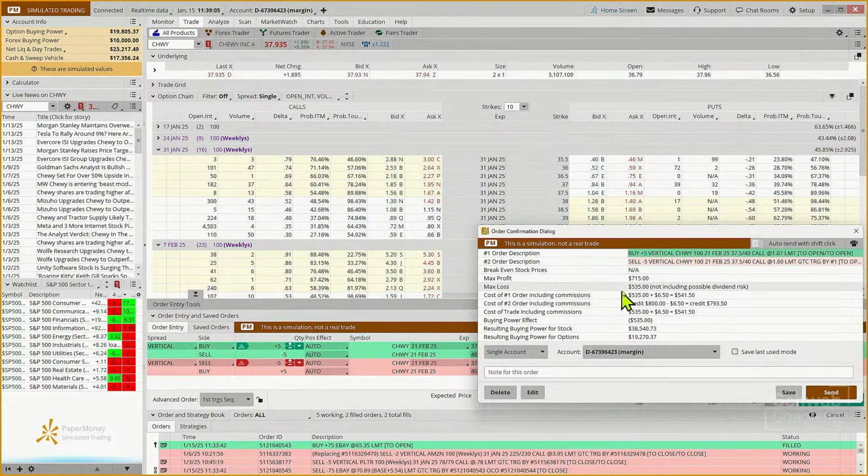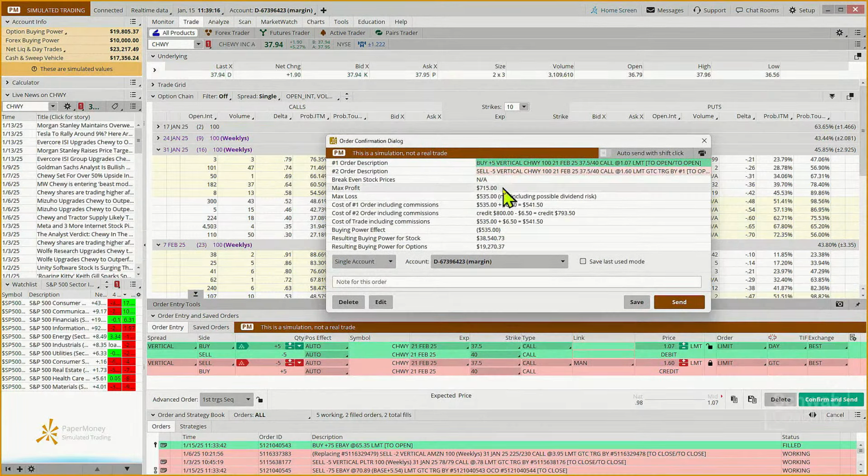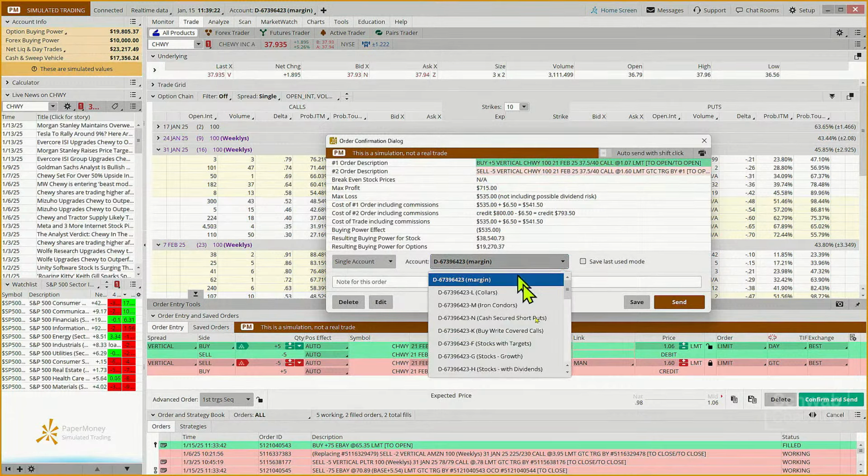So how much could we lose? $535. So we might say, hey, it's early, we don't want to risk that much, or we could say we're okay with that. Max profit is $715. We're saying if we can make 250 of that, we're going to be happy.